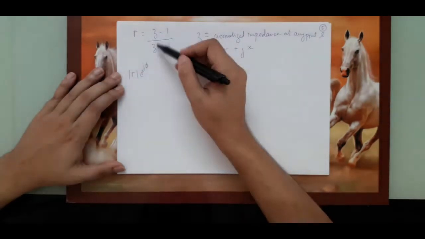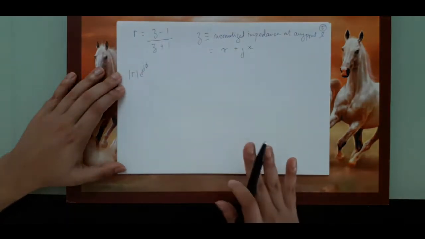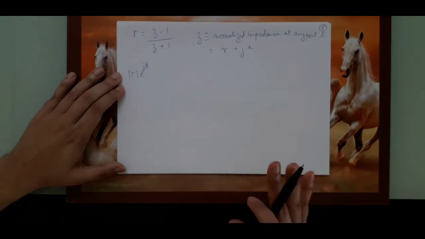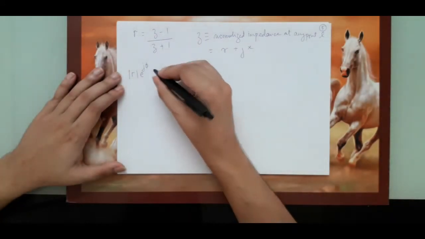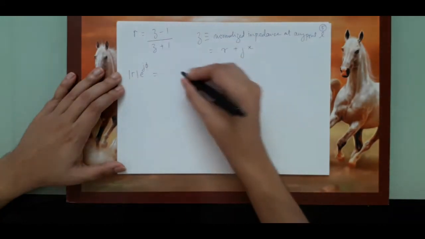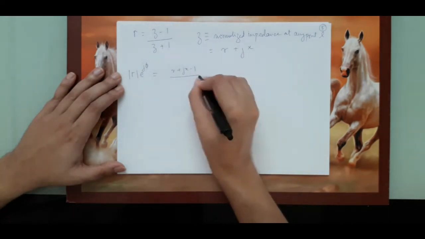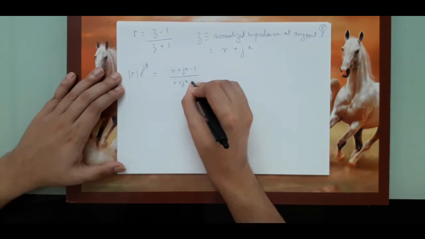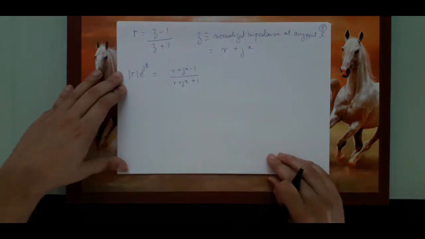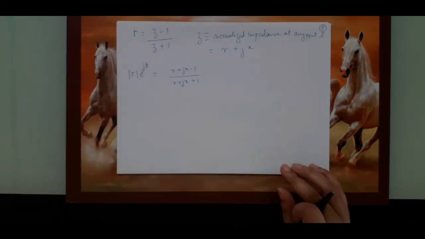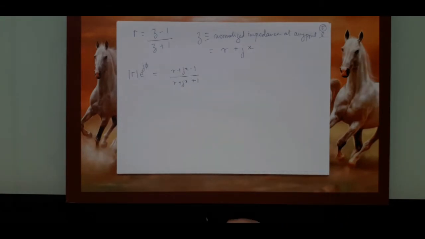Remember, even though we are normalizing it, the quantities may remain complex. Is that fine?